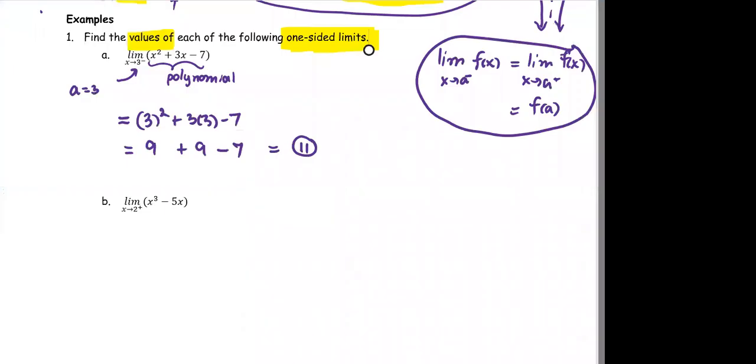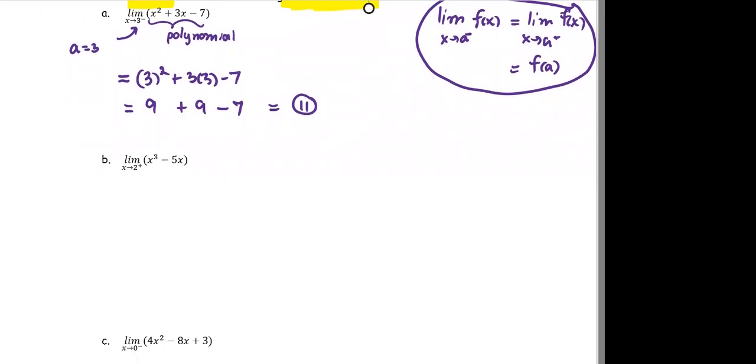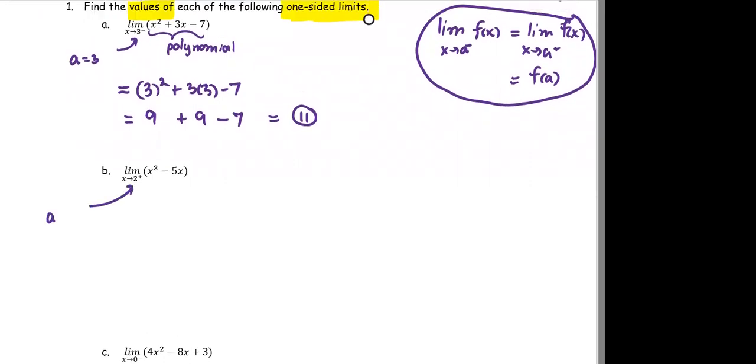All right, so this is the first problem, as we identify the function as a polynomial. The next one, as you see, we have the limit. The a value equals 2, with x coming from the right side because of the superscript positive sign. But again, this function is another polynomial function.